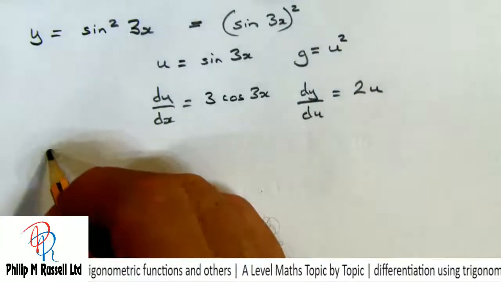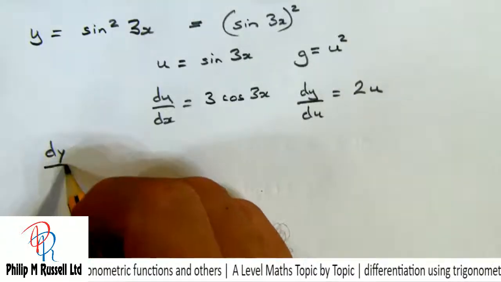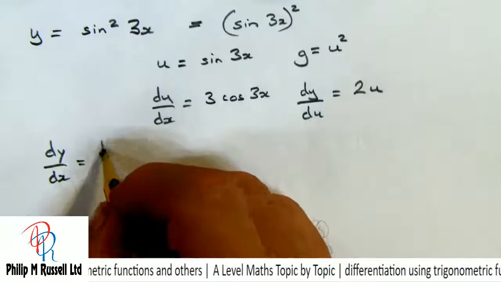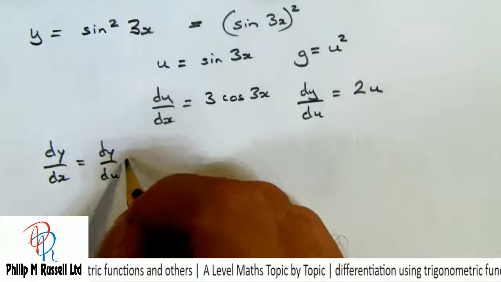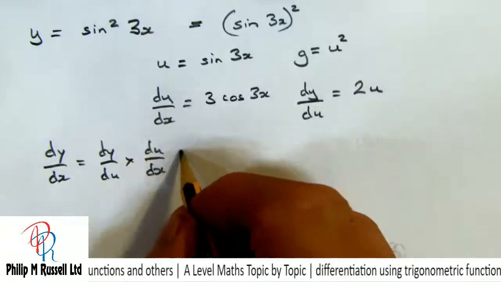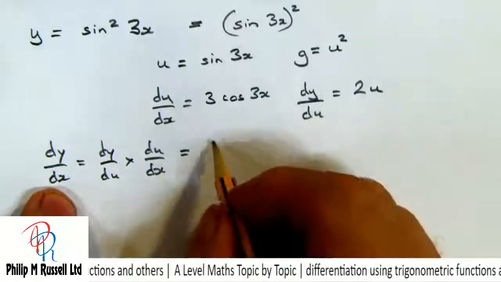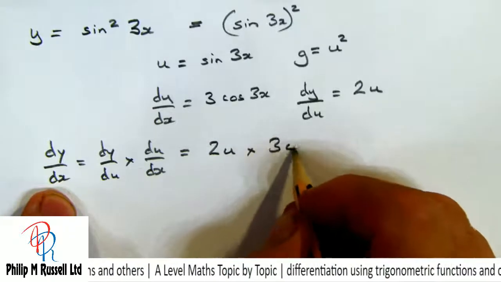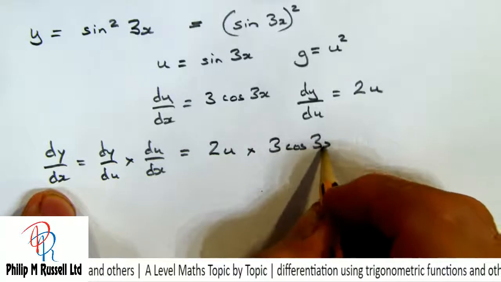Using our chain rule, dy by dx is going to equal dy by du times du by dx. dy by du is 2u times 3 cos 3x.